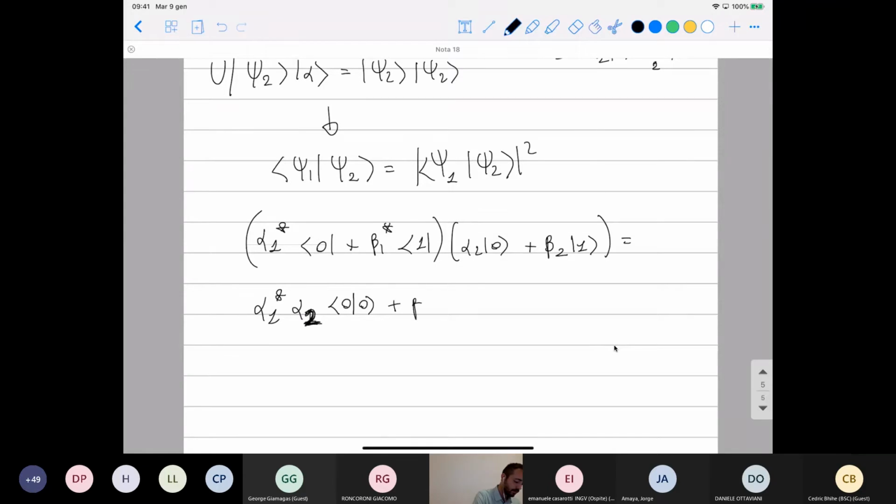So we have plus B1, B2, which is 1, 1. So these are 1. This is again 1.